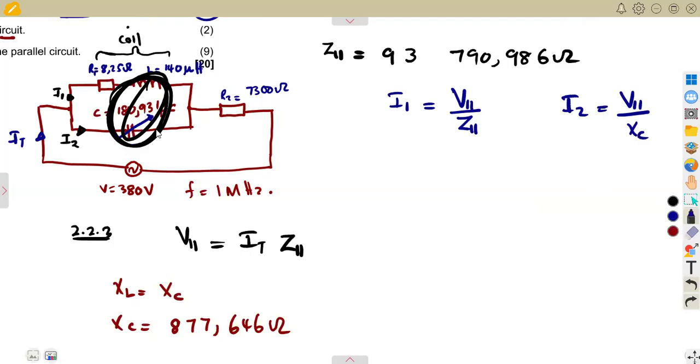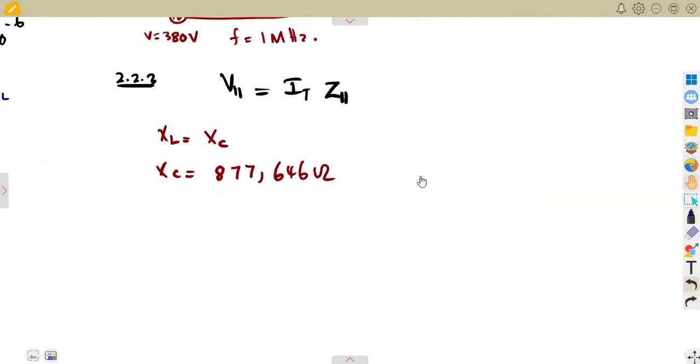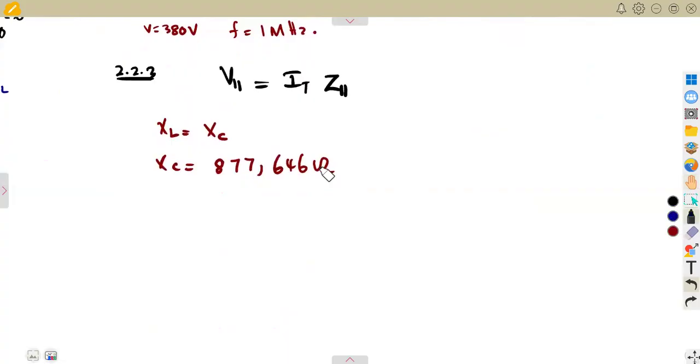But now we are limited because we do not have the voltage of the parallel. That's why I'm focusing on this. All right, we said we are going to need the total current in order for us to have this voltage. So where are we going to get the total current? That is the question now.